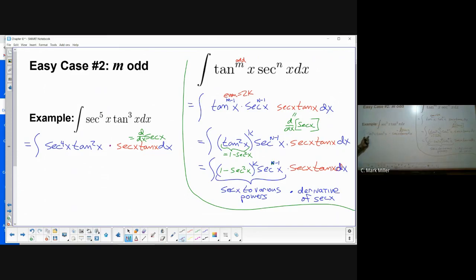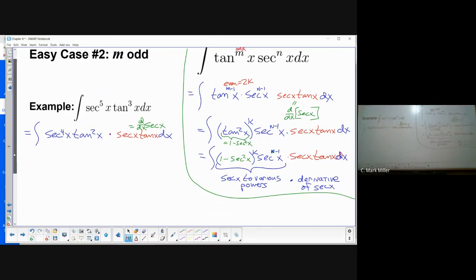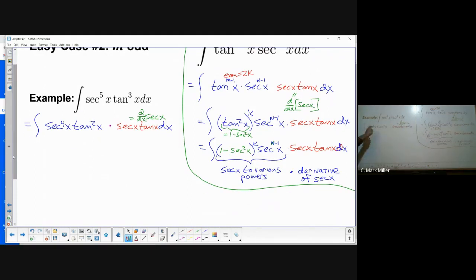So I've got to convert all these tangents to secants. How do I do that? I'm converting the tangent. Because I peeled that off, I'm guaranteed to have this even, because it was odd to begin with. That's why this works only when this is odd. You peel off a tangent, it becomes even.